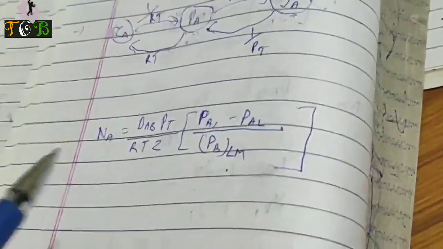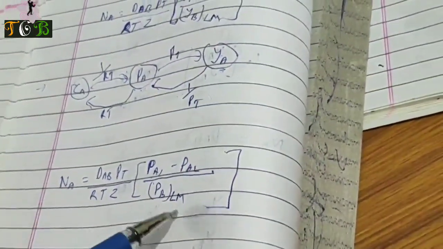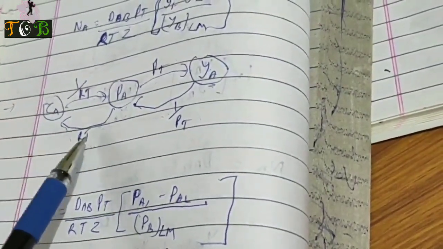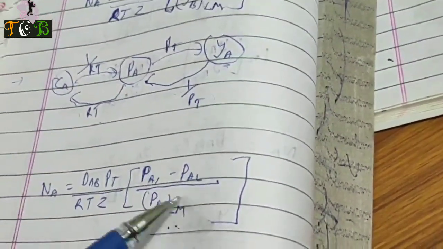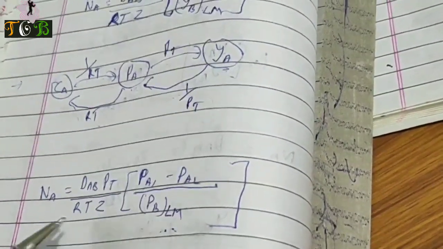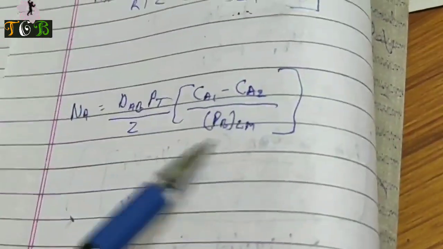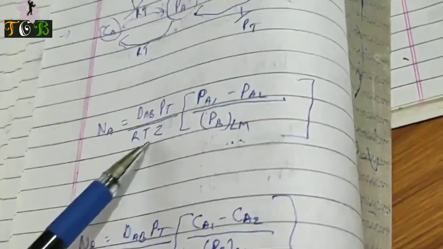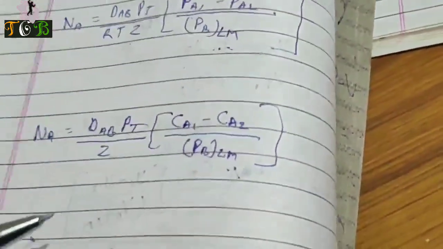Now if you go for the concentration term, which is not much used, but for that case you can use this. How can you do it? Just multiply by RT from here to here, and keep PBLM as well. So the RT will cancel, and what will you have? Yes, you will have this thing. PBLM will be exactly the same, you have just multiplied it by RT, so the RT will cancel out, and you will have this thing.